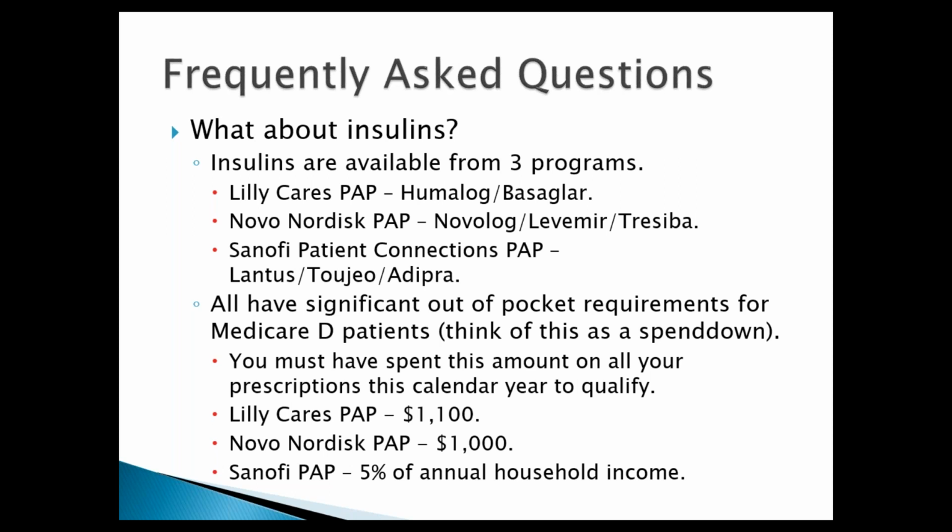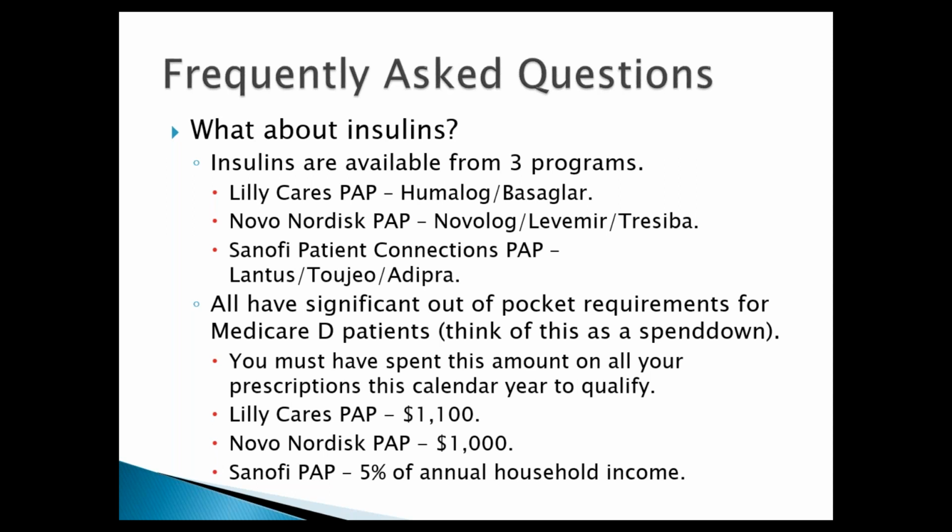So for Lilly, that number is $1,100. For Novo Nordisk, that's $1,000. And for Sanofi, that number is 5% of your annual household income. And this is really tough for seniors who have fixed incomes and have like maybe just hit the donut hole because they would not have met these out-of-pocket requirements.